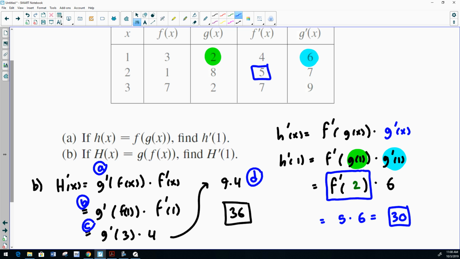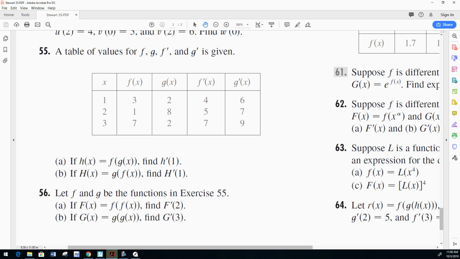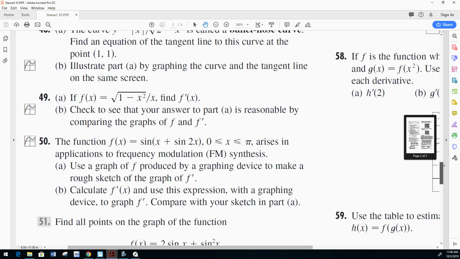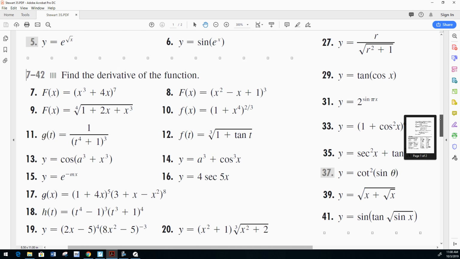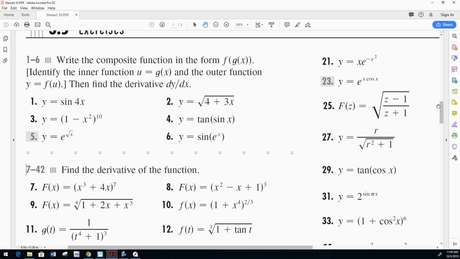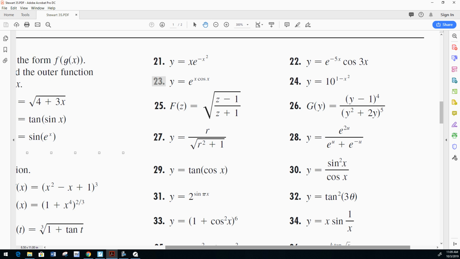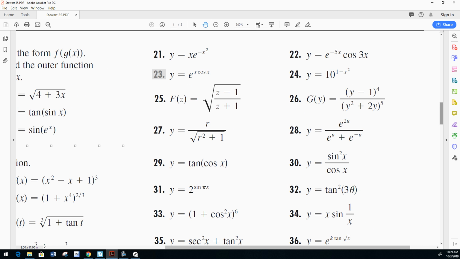Next page. All of these, there's only 4 of those, the tangent line problems. 43, 45, 40, sorry, I went out of order. 43 through 46. 51.